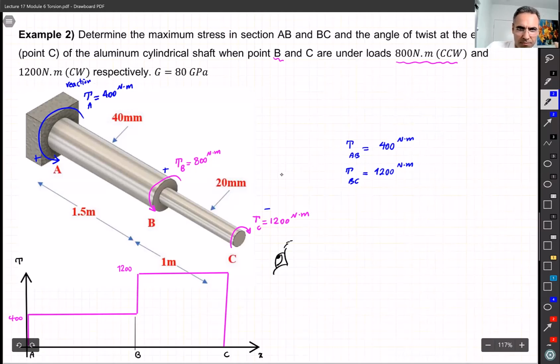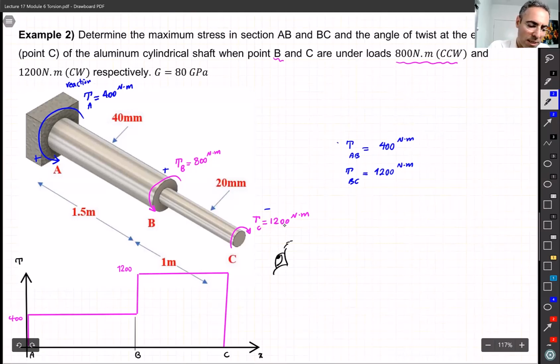But for more complex problems, it's better to draw this diagram because it helps us to not get confused, because I've seen again a situation when students write down 800 for T from A to B, while this is not 800. From A to B, the internal torque is 400 because at the beginning we had 1,200, right?